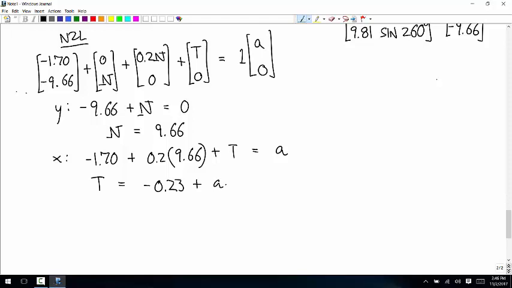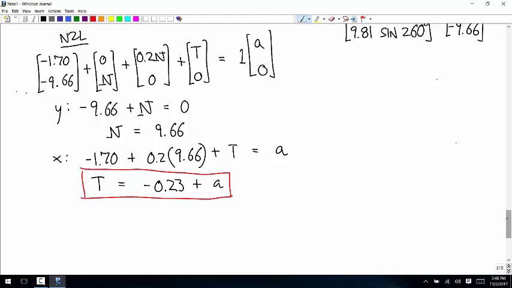Let's call it that. Okay, so now you can't do any more with that equation, because you just have one equation, two variables, so you can't solve it. So we're just going to set that aside. We'll end up solving this as a system again. And now we go on to isolating the hanging mass.